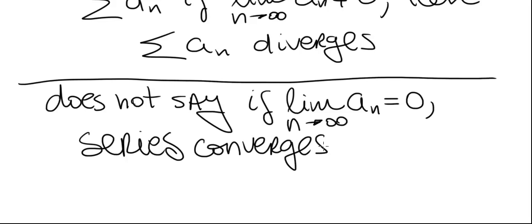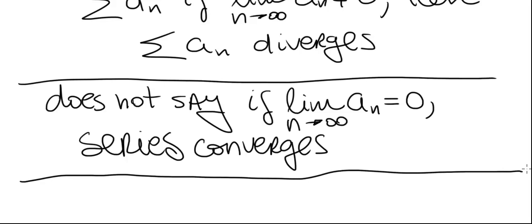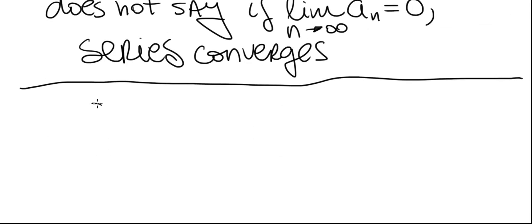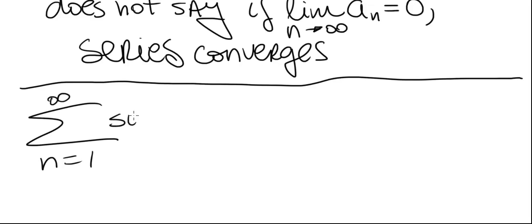Some series may converge, some may diverge. The test is simply inconclusive when this limit is 0, but when it's not 0, we're guaranteed 100% that the series will diverge.